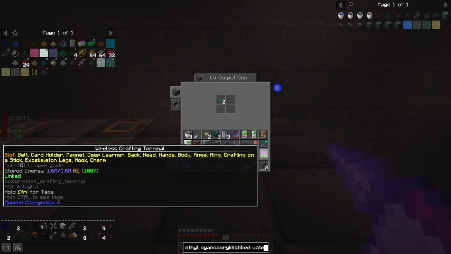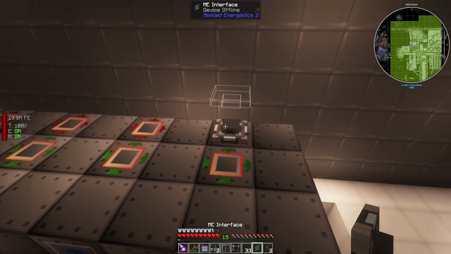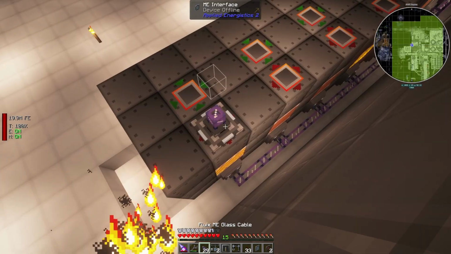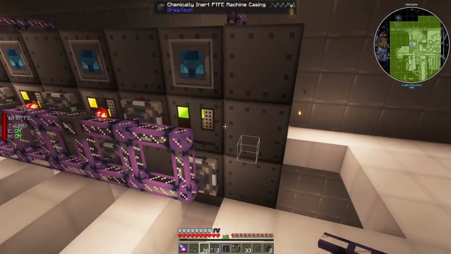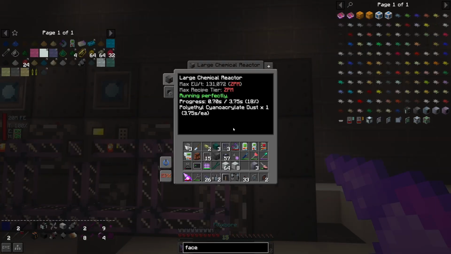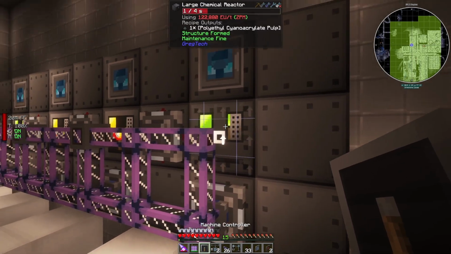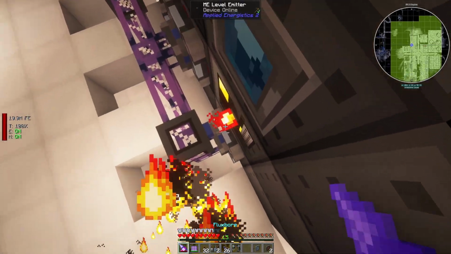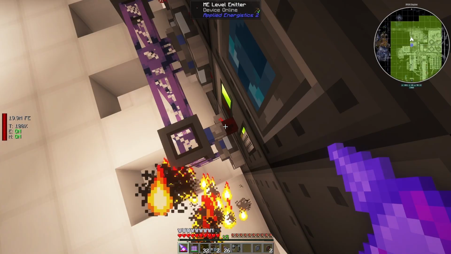So let's get an interface. And cable. All right, so let's top you off with a controller and an emitter. And we will say, I don't know, 512, why not?